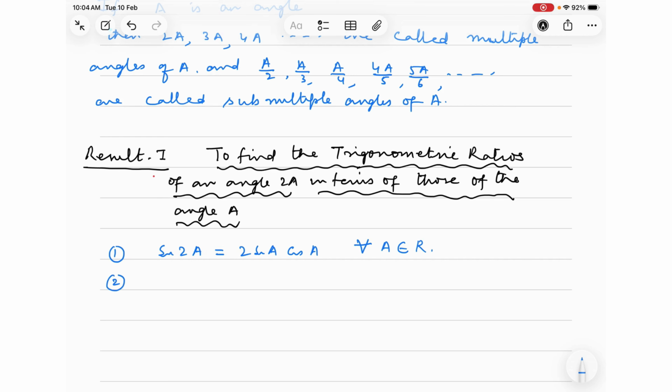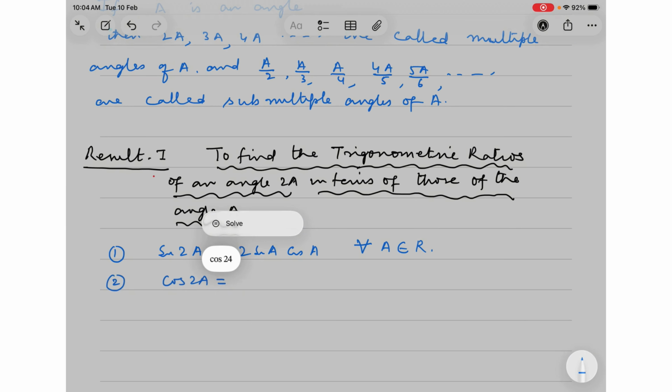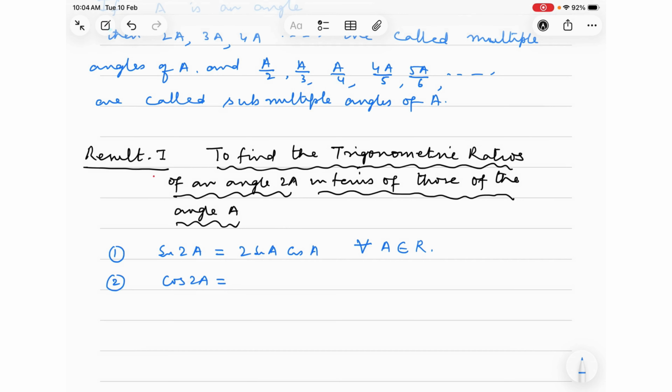Now the second result is cos 2A is always equal to cos square A minus sin square A. This is equal to 2 cos square A minus 1. This is equal to 1 minus 2 sin square A.